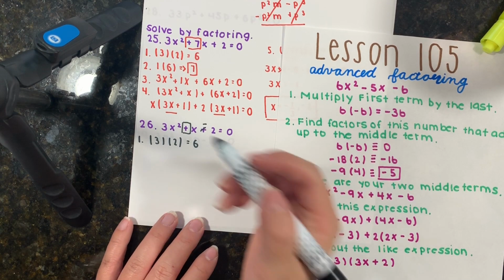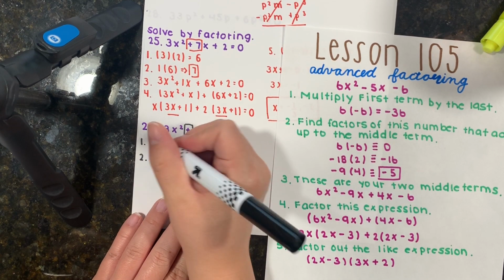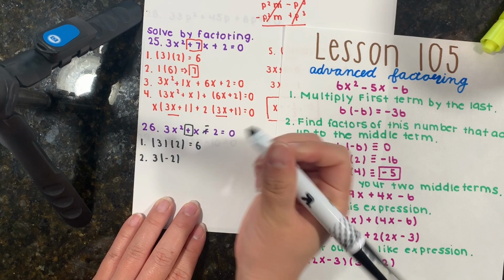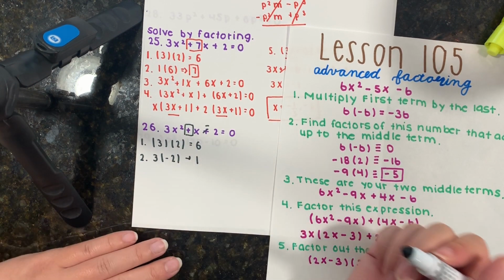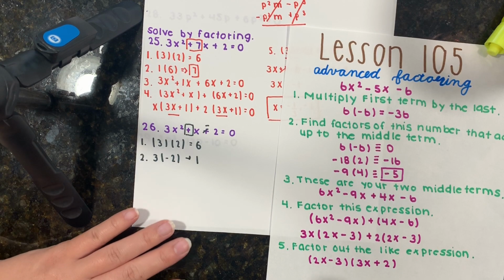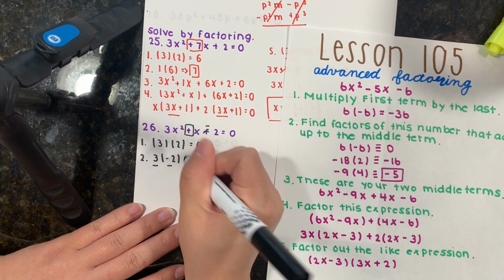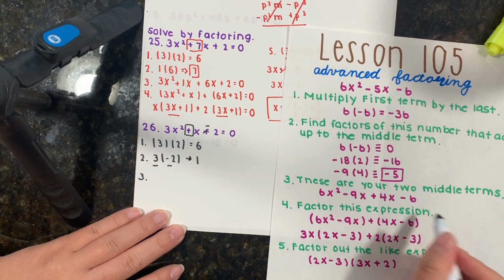So that would be 3 and -2 would add up to +1. So 3 and -2 would add up to +1. So that means that these are now going to replace my x. So step 3 is these are your 2 middle terms.